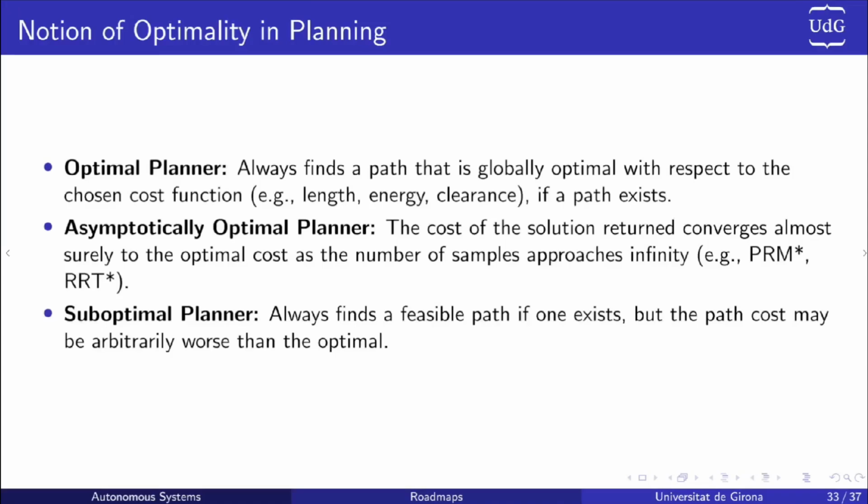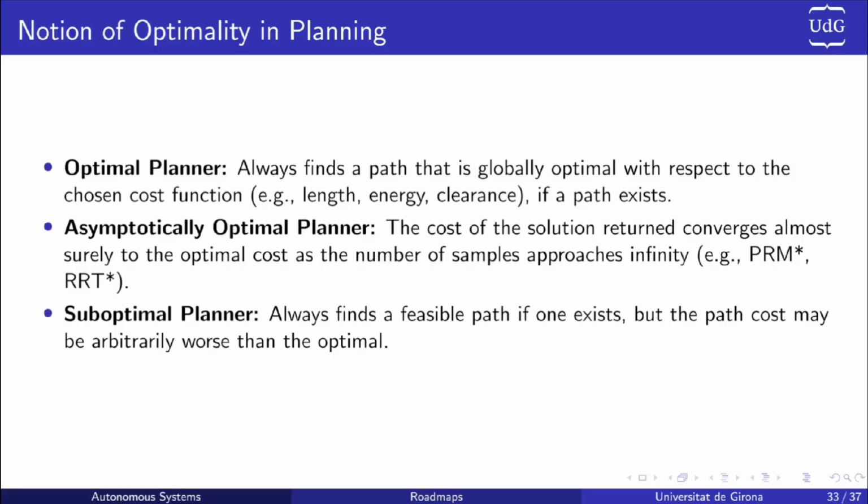Okay, this is about completeness. Let's talk now about optimality. This is almost the same. An optimal planner, as we have said, always finds the path that is optimal with respect to some cost function. And as I told you, right now we are using length, but we can imagine other cost functions like energy, for instance, which is a popular one, especially in the more advanced algorithms like in reinforcement learning.